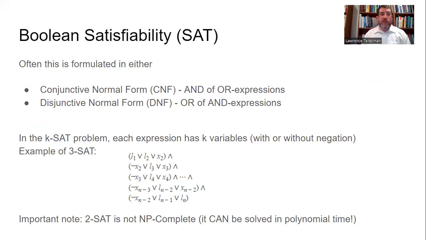We have these expressions, and this is called conjunctive normal form, because it's a conjunction of disjunctions. These ors are disjunctions, and we combine the disjunctions with ands. Now, what makes it normal?